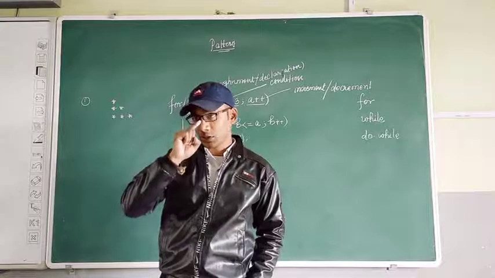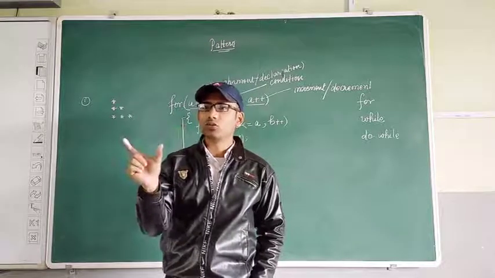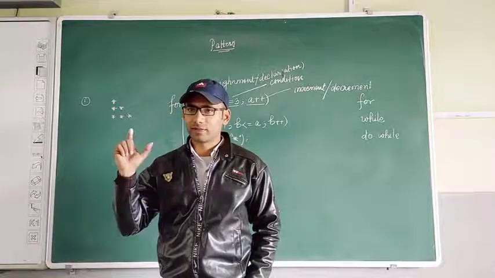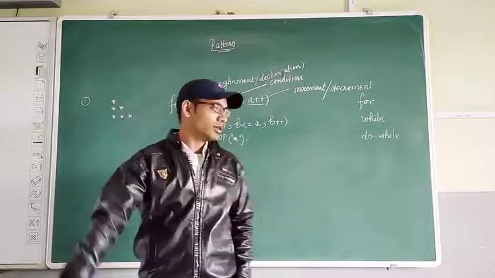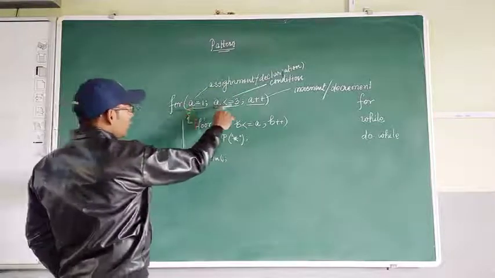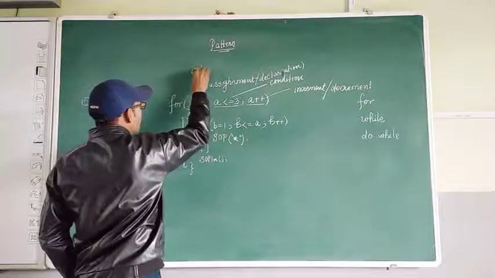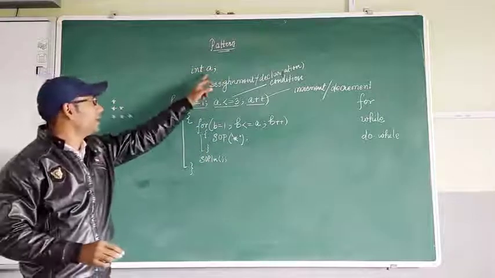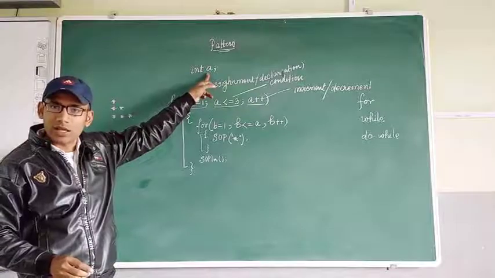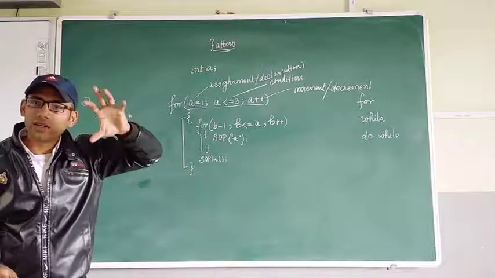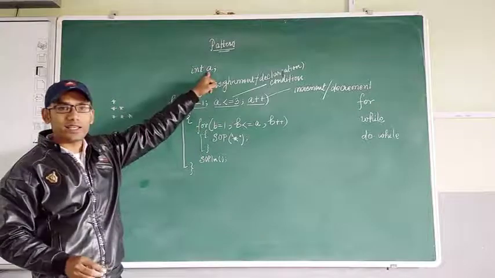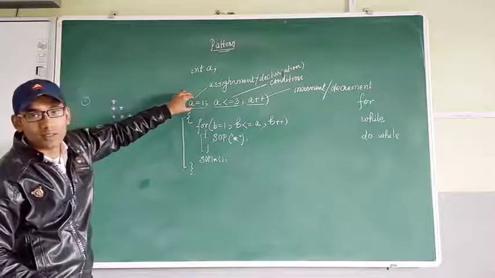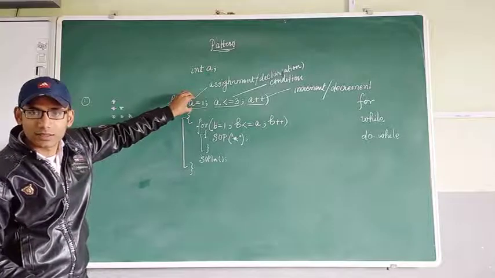That means what? To store any value, first of all, you need a variable to be declared. Correct? So, before this thing, you have to declare a variable: int a. That means I have purchased a variable, a bucket whose name is a. Now I can store anything inside that variable, inside that bucket.